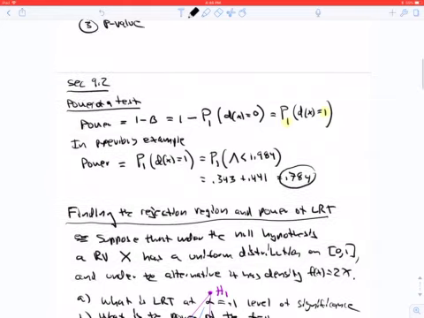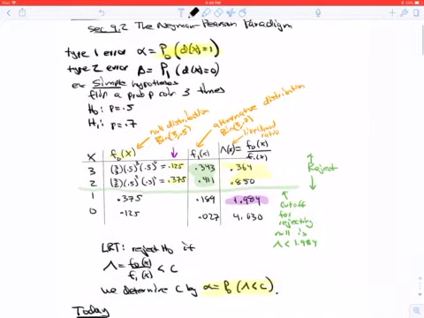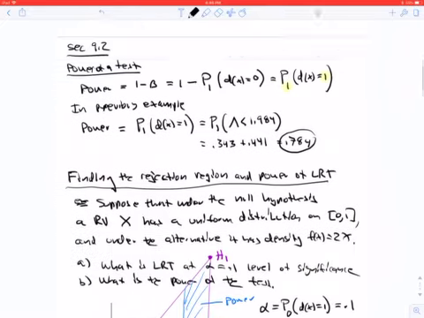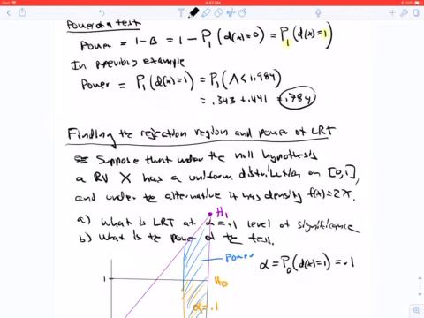And in the previous example, the power, which is the probability under the alternative that lambda is less than 1.984, we would read the F1x column here for when lambda is less than 1.984, which is 0.343 and 0.411. And that is 0.784, that's the power. So you want power to be large because power is 1 minus type 2 error.